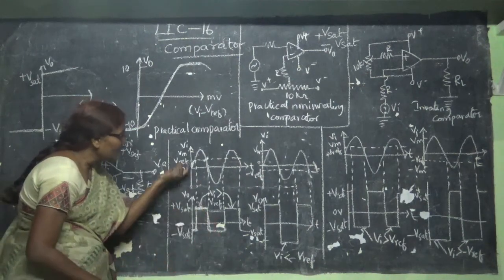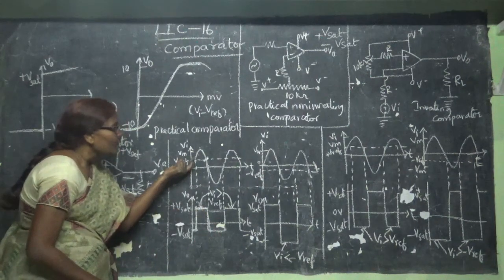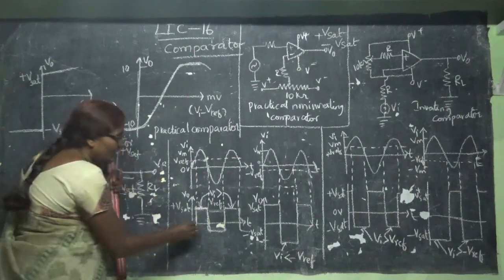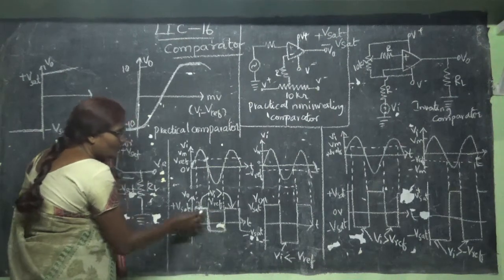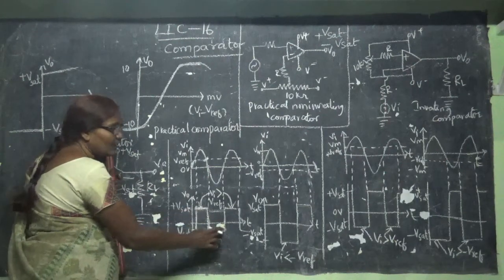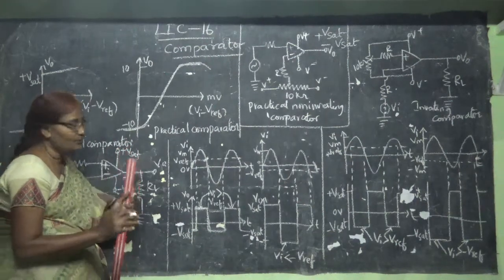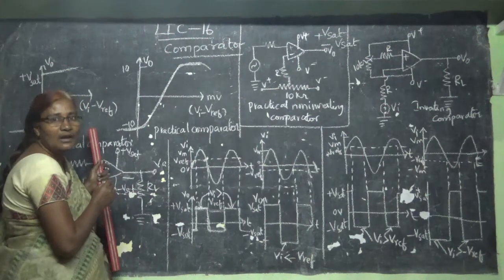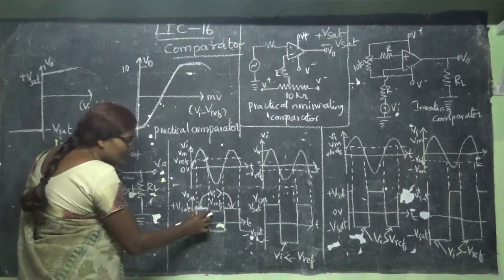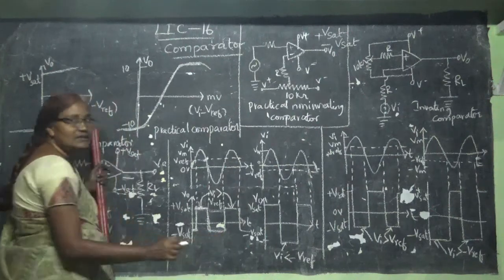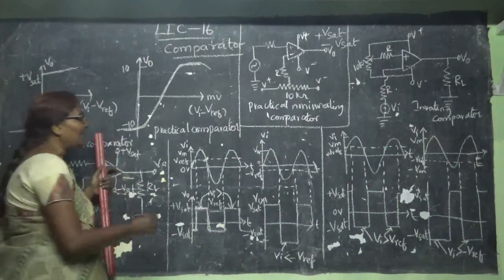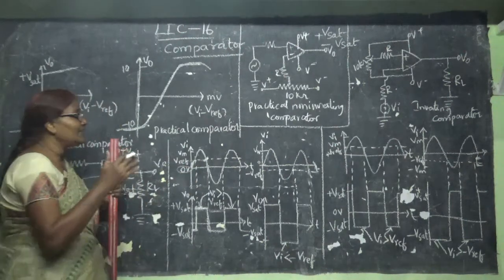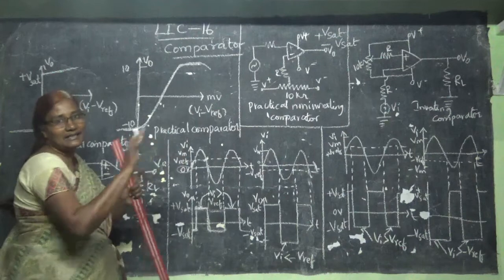That is, if we take this V reference as positive or negative, then in one full cycle the positive half cycle width and the negative half cycle width will not be equal. If you take this V reference as zero, then the positive half cycle width and negative half cycle width of the output will be the same. And if this V reference value is 0, then it is called a zero cross detector.